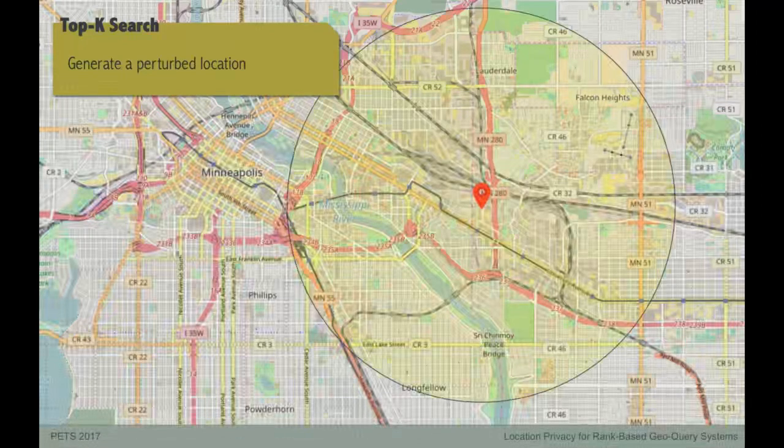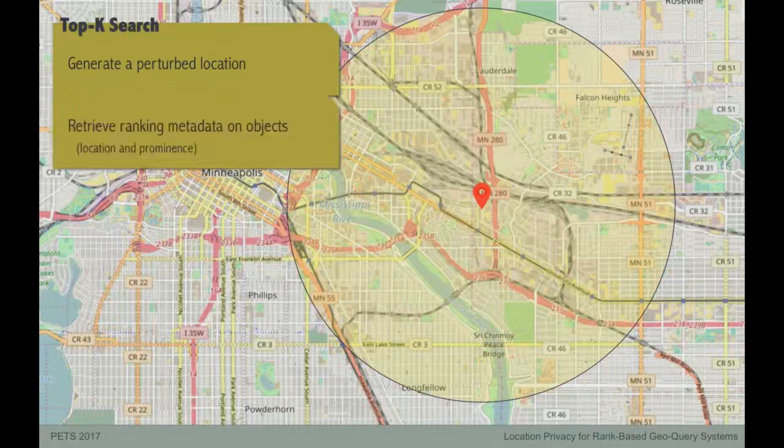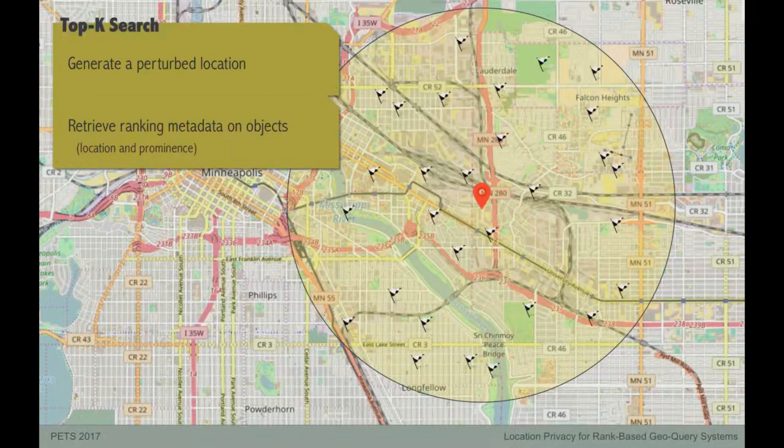Then you do a big search around that location. Essentially, you say, give me all the relevant POIs in a big radius. What you retrieve at this point is minimal information: you get location and prominence data only. You don't get details of the POIs in this case.